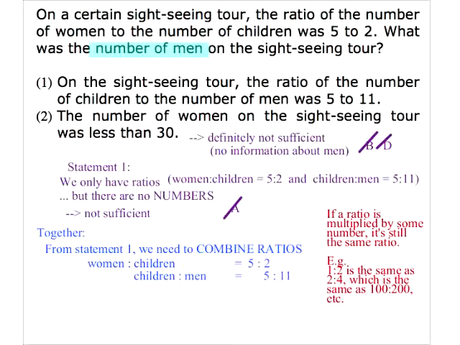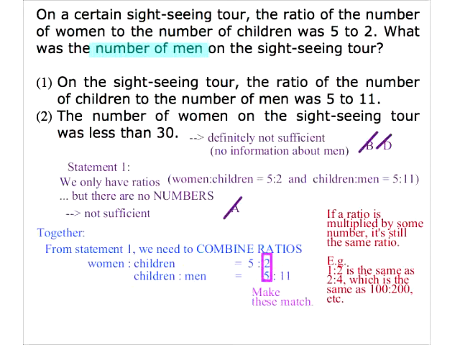So what you can do to combine these ratios is multiply so that this actually matches, because then you can combine it into a single ratio. They don't currently match, so you want to make that happen. Women and children, the least common multiple of those two is 10.